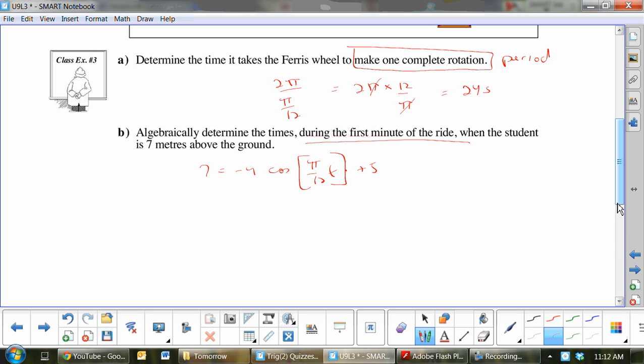Now, this formula will give me, now I don't know if you realize it, but there's going to be twice that you're 7 meters above the ground. Once when you're going up, once when you're going down. So this is in the period of 24 seconds, right?